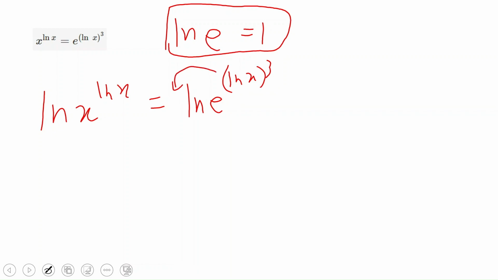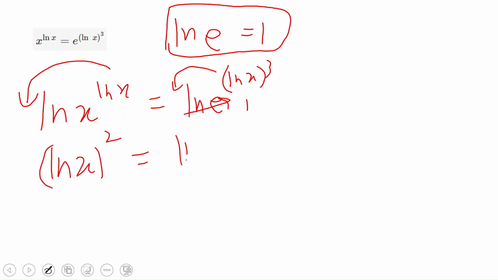So I'm going to take this down over here. This is going to equal 1, and this is going to come down over here. So that's going to be square. And next, ln of x into ln of x is ln of x squared. And this is going to be ln of x cubed.